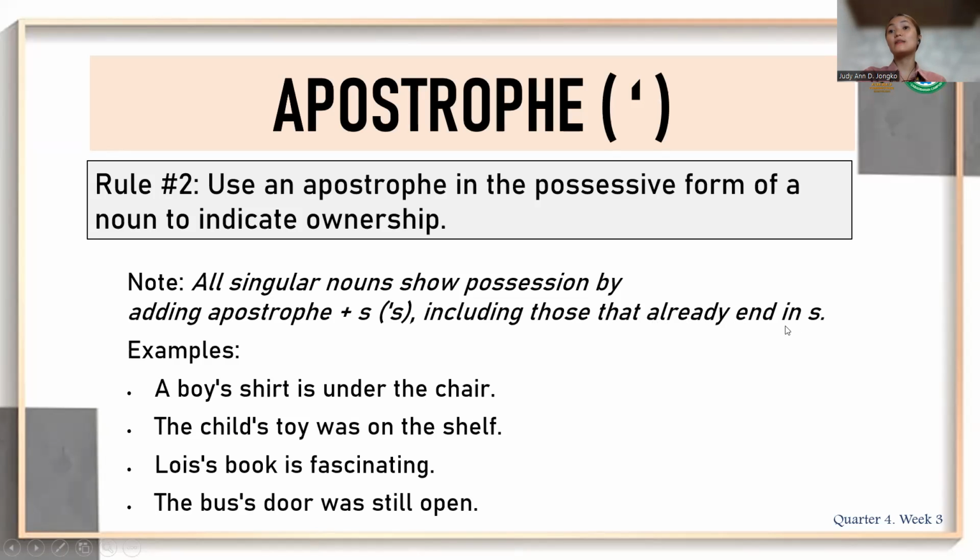Those that already end in s follow the same rule as the nouns that don't end with the letter s. So, Lois's book is fascinating. The last example is the bus's door was still open. Again, the bus is only one here, but it ends with s. So again, add apostrophe s.